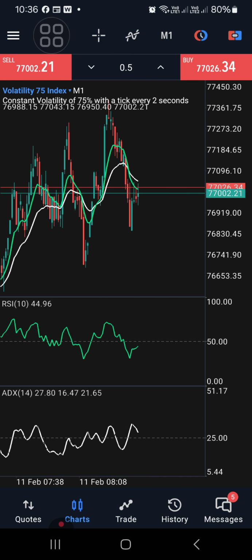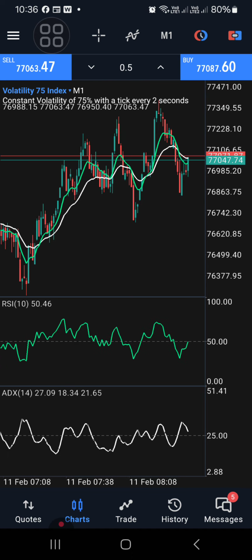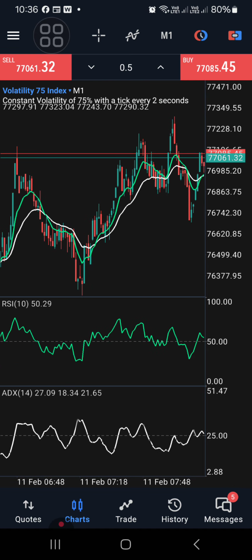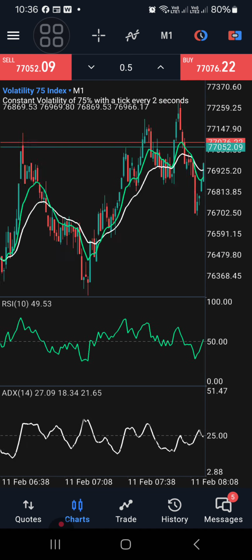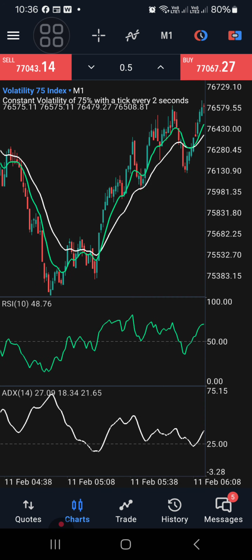Before I start explaining how this strategy works, let me quickly explain why I came up with this particular strategy, the Panther Scalping Strategy. The traditional crossover is when the fast moving average, this line here, crosses above, we buy.